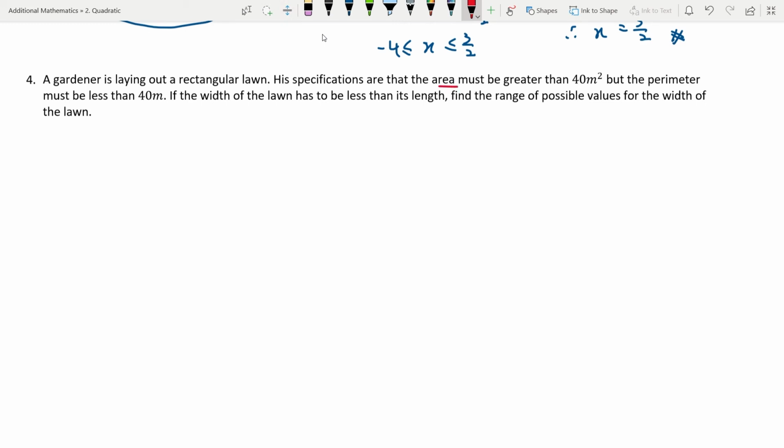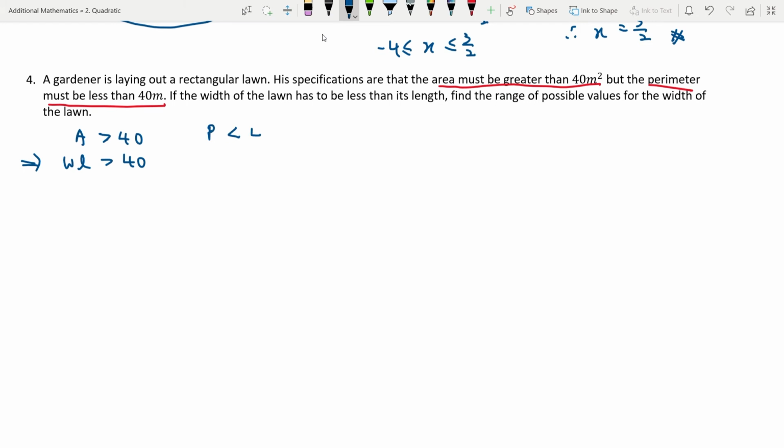The first one, area must be greater than 40 meters square. Area is greater than 40, which can also be written as width multiplied with length is greater than 40. Second piece, perimeter must be less than 40.